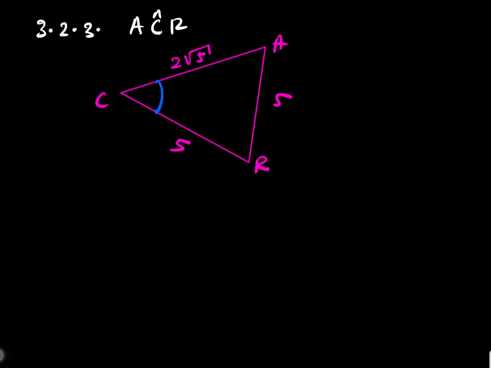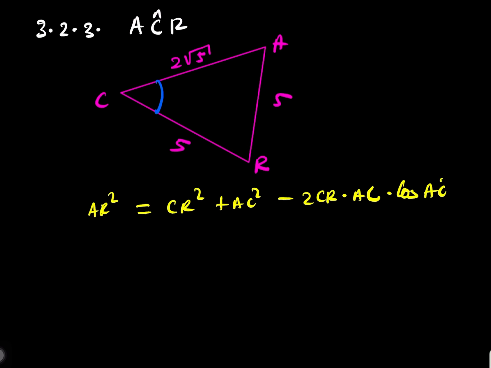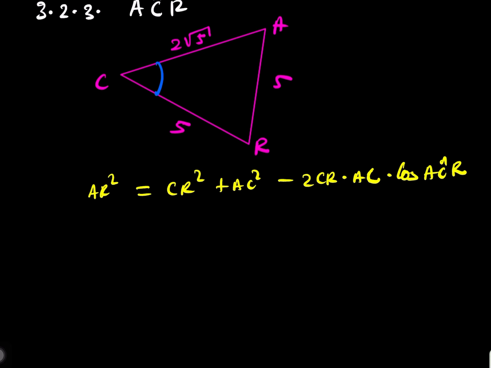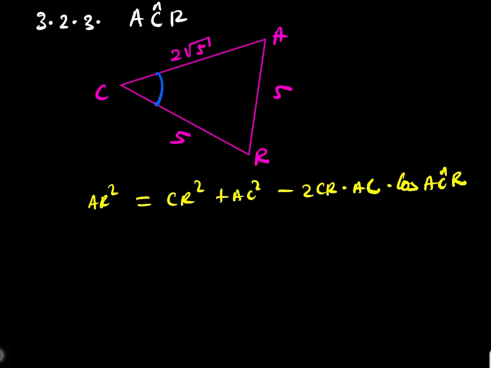And so this is going to be AR squared is equal to CR squared plus AC squared minus 2 times CR multiplied by AC multiplied by cos of this angle here, that is ACR, the angle which you want to find. So now it's a matter of substituting what we have here.